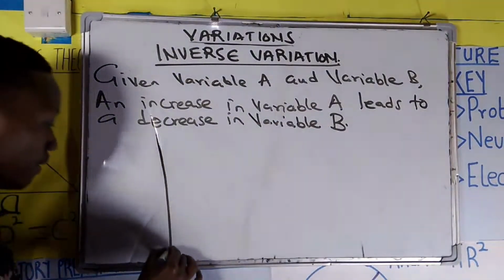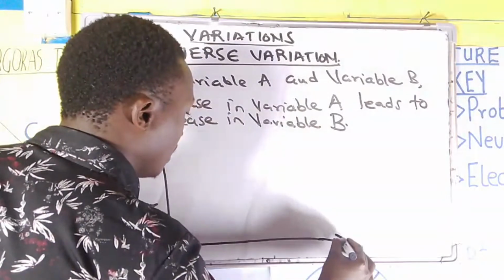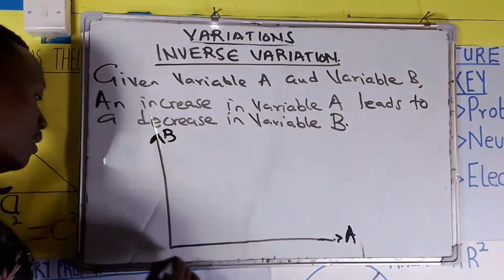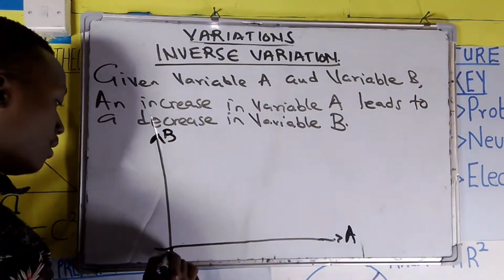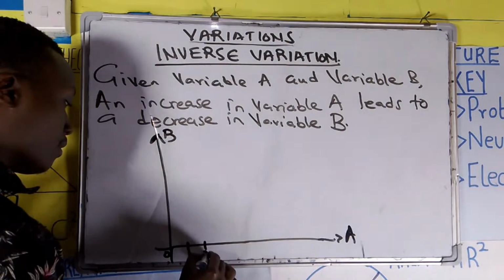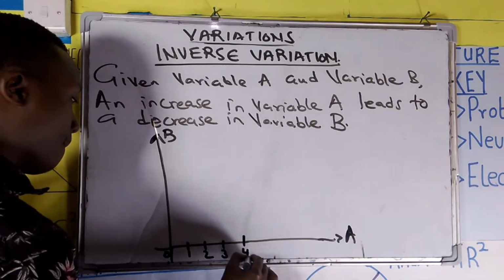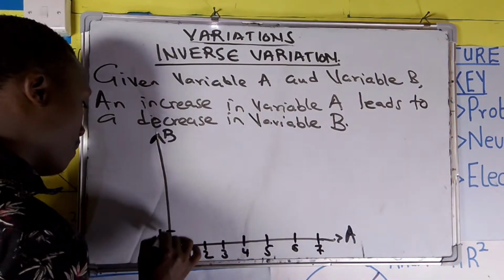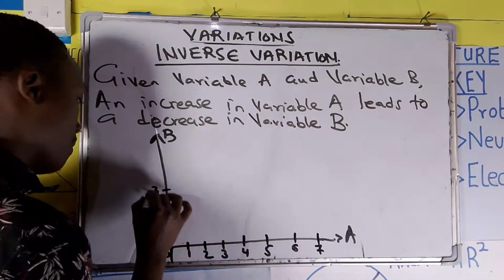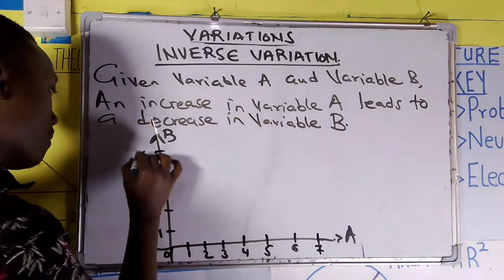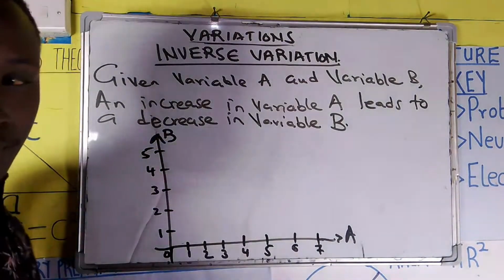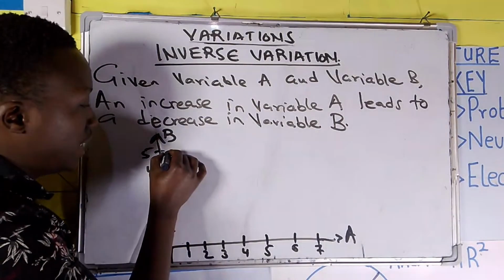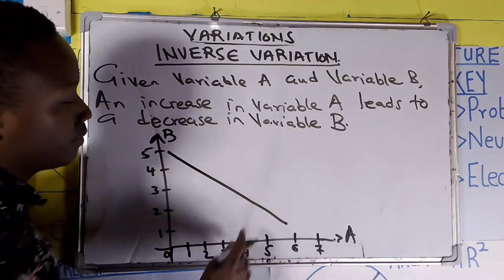What does that mean? If we have a Cartesian plane here of A and B, and we have 0, the line goes like this.